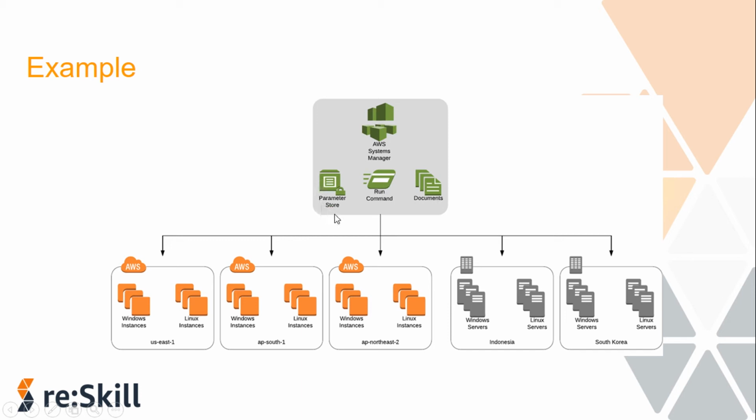Parameter Store is working over there, which is usually used for storing secret information. Like you can store the passwords which you should not write openly in the code. Instead, you can keep them in the Parameter Store. Then you have Run Command here for remotely managing and configuring your servers. Then you have Documents over here. Similarly, multiple capabilities can be incorporated here for different requirements.